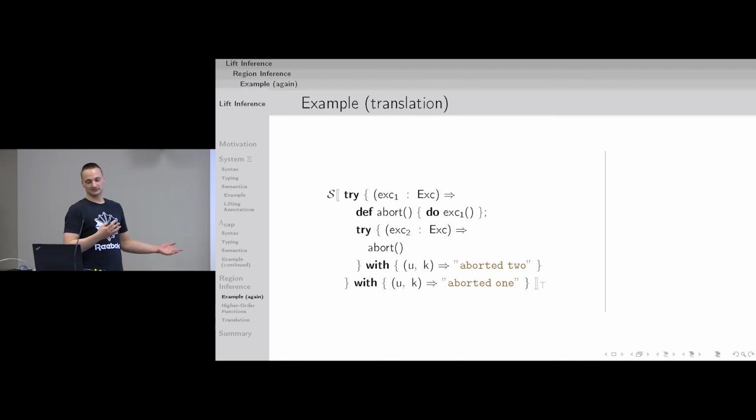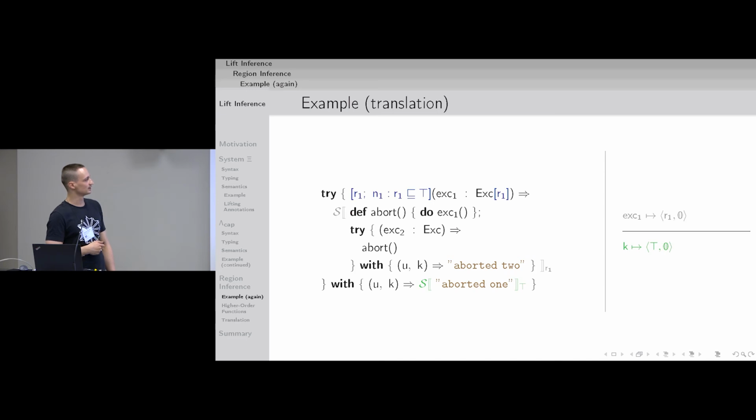So again, the example. Now, more systematically, we have the current region always down here, and on the right, I will show the mappings as we have remembered. So first thing, again, the try block, which we know how to translate. We simply have a fresh region and evidence.